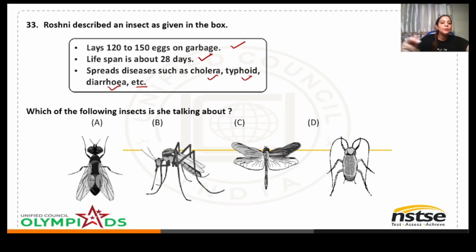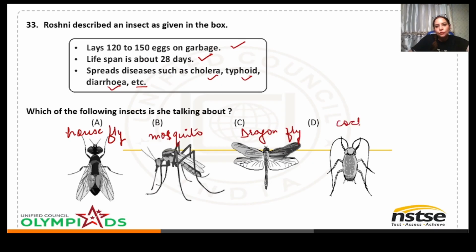Now let me help you to recall all these pictures first. Option A indicates housefly. Option B indicates mosquito. Okay. Option C indicates dragonfly. And D is cockroach.